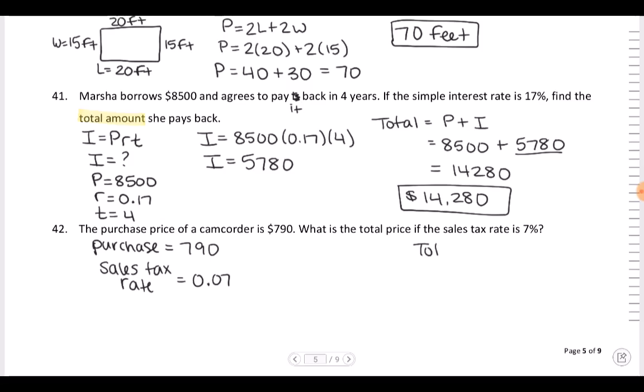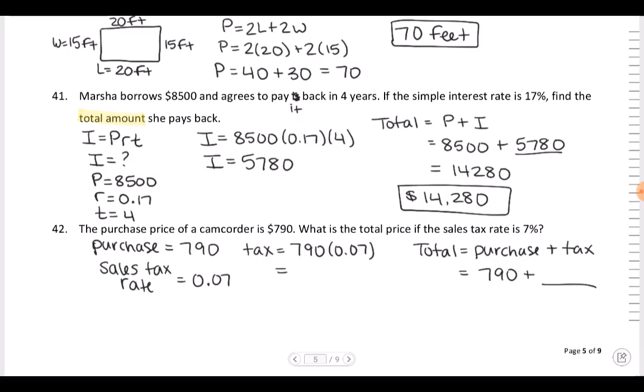So again, for the total, it's going to be the purchase price plus the tax. Okay, so the purchase price was $790 plus whatever I find for the tax. So to find the tax, I'm going to take the $790 and I'm going to multiply it by 0.07.